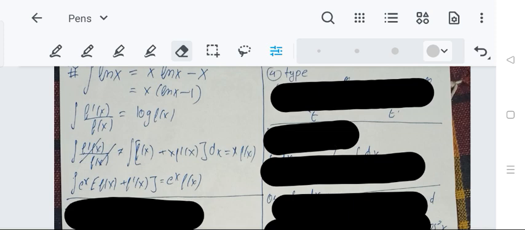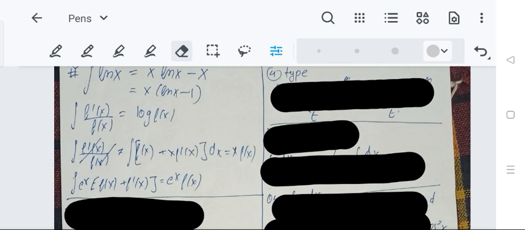Then some extra corollaries are written here: the integration of f dash x upon f x is log of f x. Then the integration of f x plus x times f dash x gives x times f x. Then suppose any function has exponential functions multiplied by other functions.